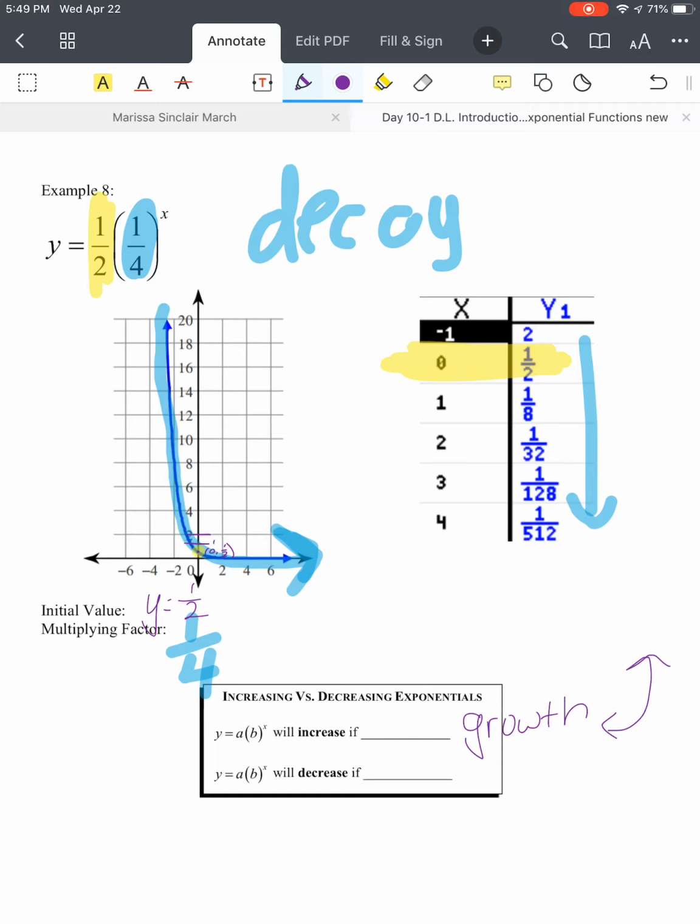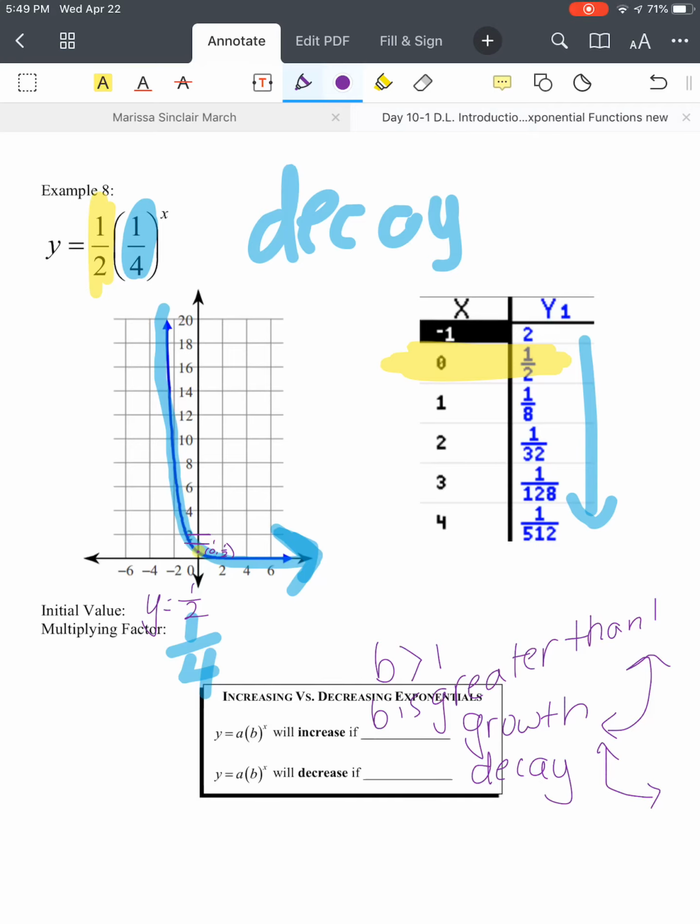And it will increase if, I'm going to write it in words, b is greater than 1. You might see it like this, b is greater than 1, or I wrote it out in words for you. It is decay, decrease. Decrease means decay. Remember, the decay graphs look like this.